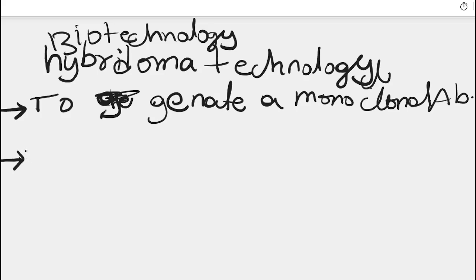Before going to differentiate between monoclonal and polyclonal antibodies, we need to know about antibody and antigen binding sites, the interacting site.